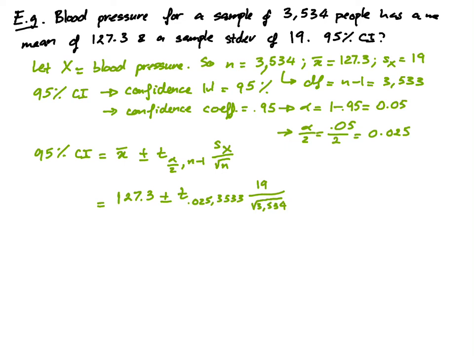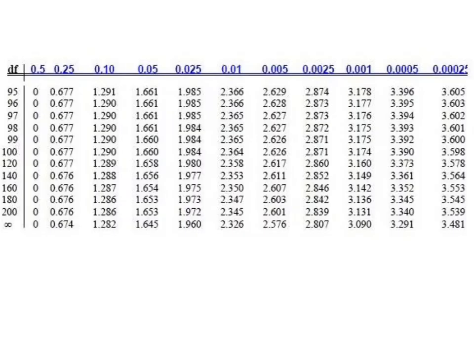right? So let's go to the t table. Here I have a portion of your t table, right? If you remember, in the previous video I mentioned that the t distribution approaches the standard normal as the degrees of freedom gets large.